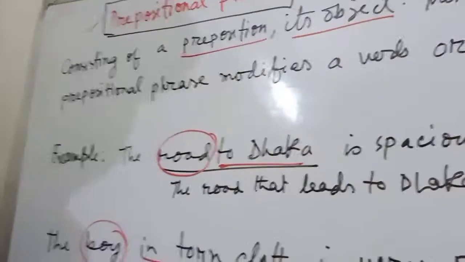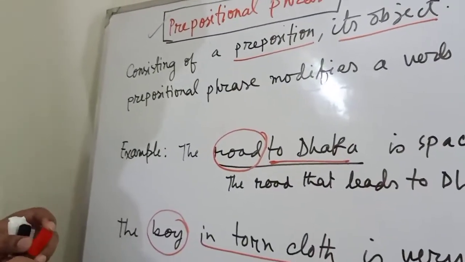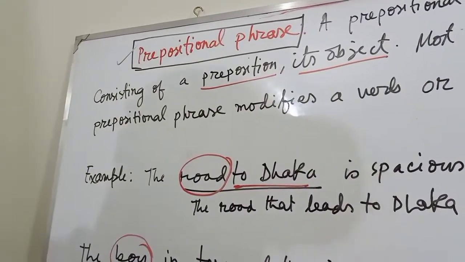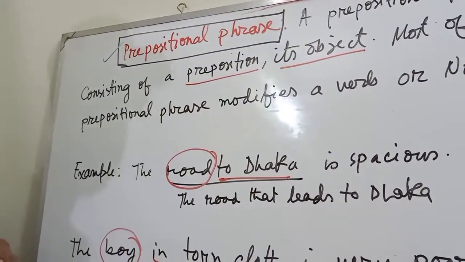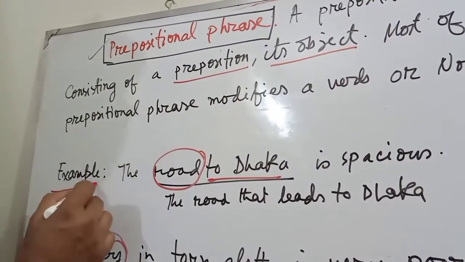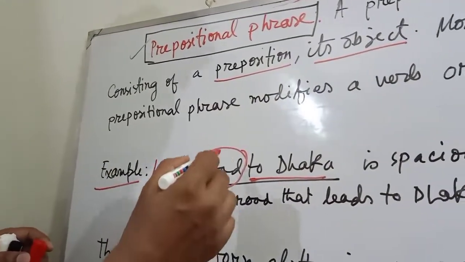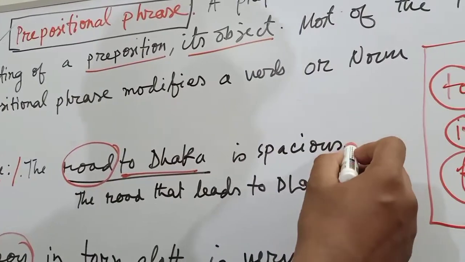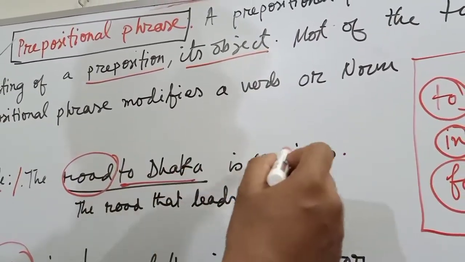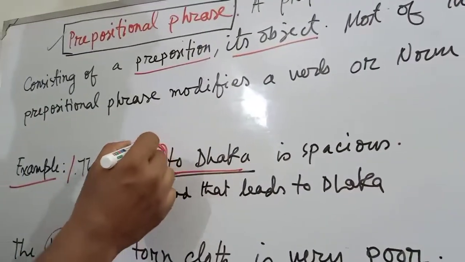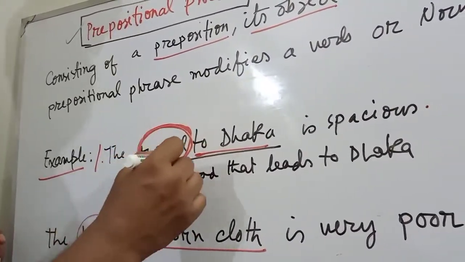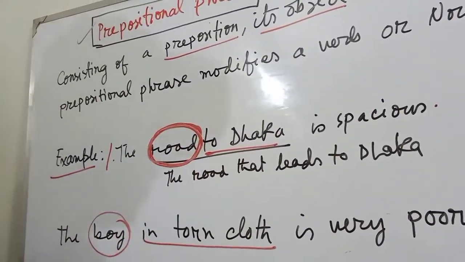Now we shall see how a prepositional phrase is used as a post modifier. Example 1. The road to Dhaka is spacious. The road here is the head word, or the word to be modified.